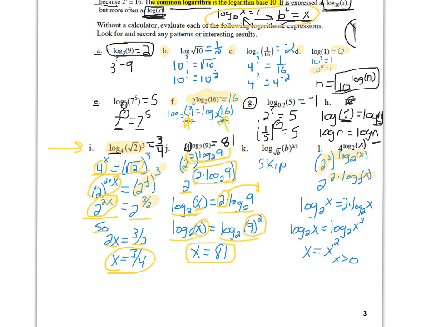So I have 2 raised to the 2 times log base 2 of x. Now I'm going to employ this property of logarithms and rewrite this as the log base 2. This 2 goes right there, of some number has to equal my exponent up here.